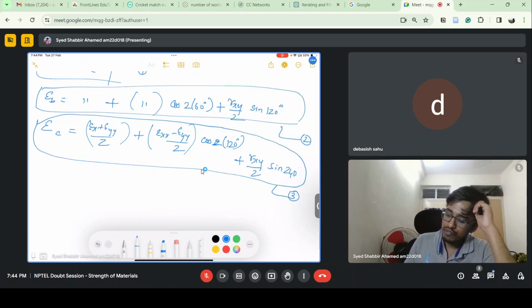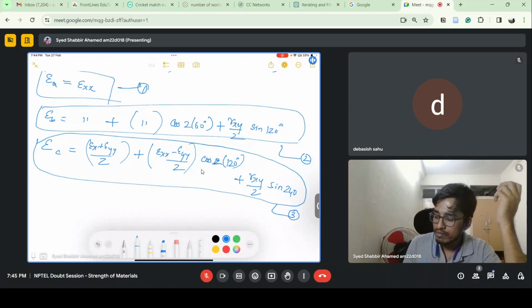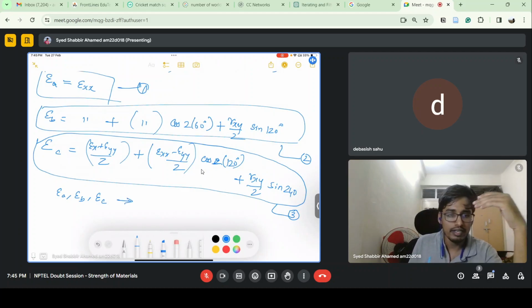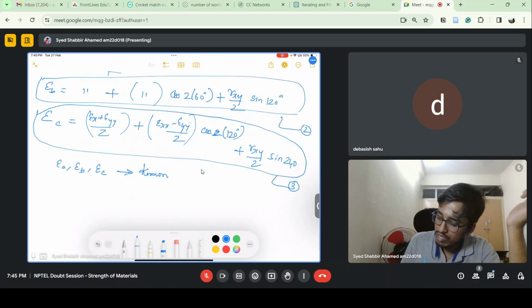Here we know epsilon A, epsilon B, and epsilon C, because they are taken from the strain gauge measurements. So these are knowns. What we don't know are epsilon xx, epsilon yy, and gamma xy.